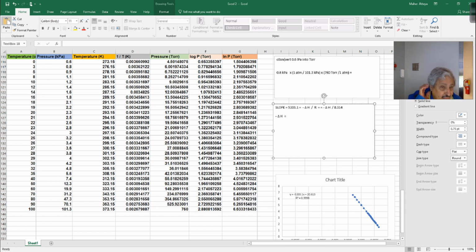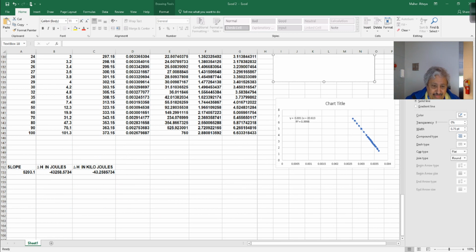If we started, you can see how many digits we did. We did a lot of digits, about 5, 6, 7. I would say I will be happy with maybe 3 or 4 digits. 43.